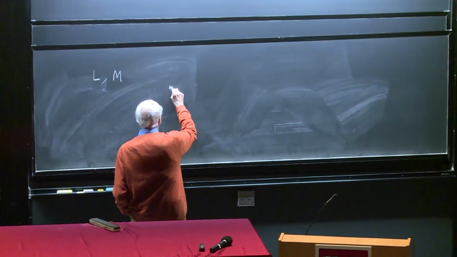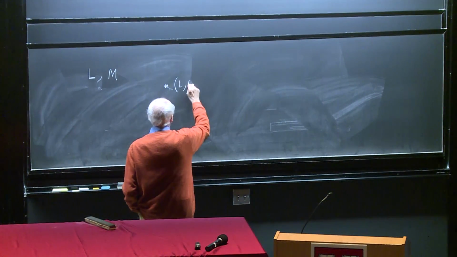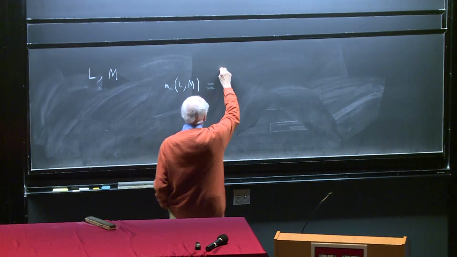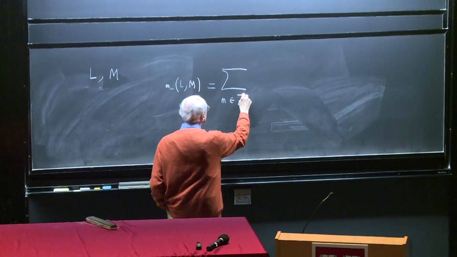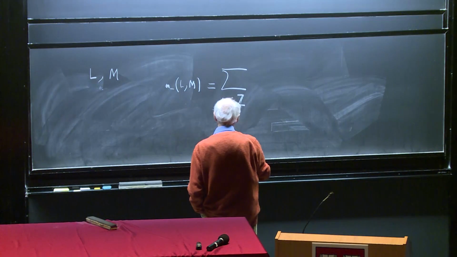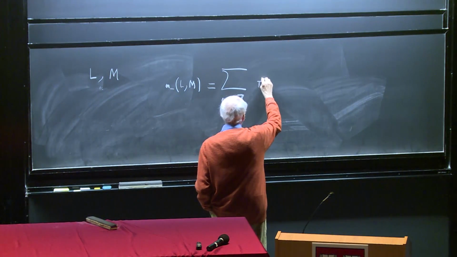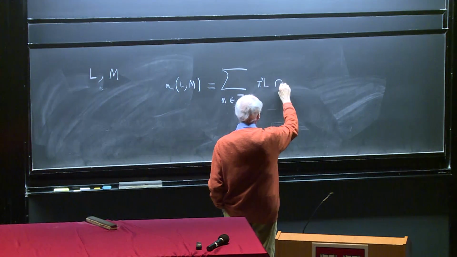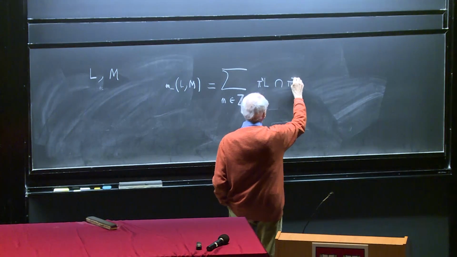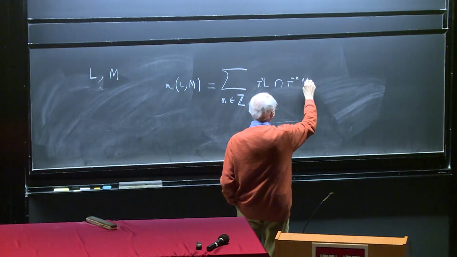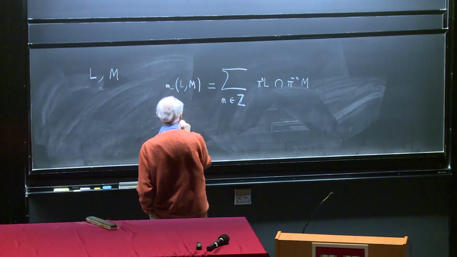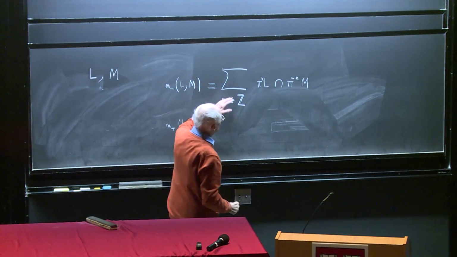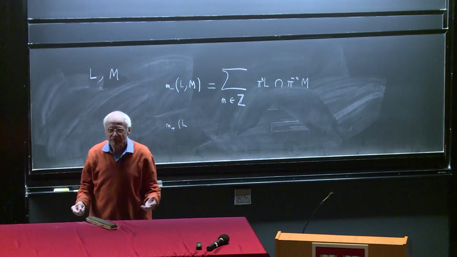M minus of L, M is the sum over n in Z of pi^n L intersected with pi^(-n) M, and M plus. The sum means the submodule generated by.